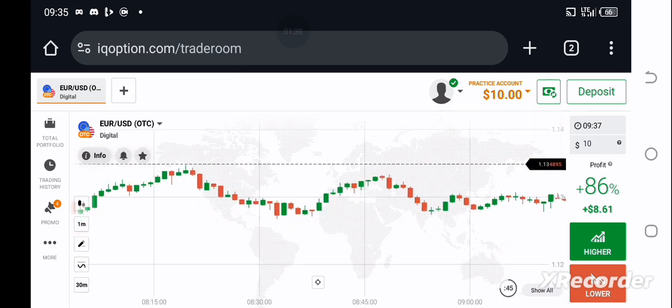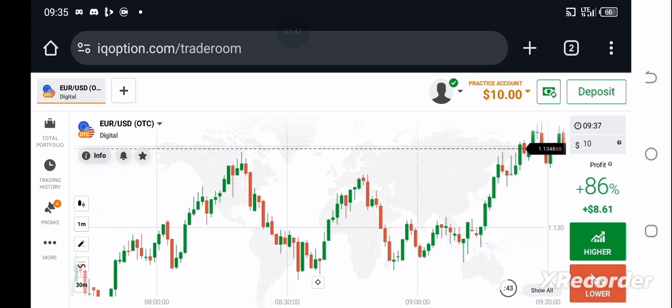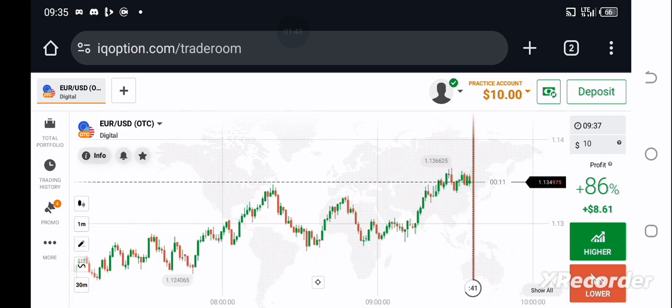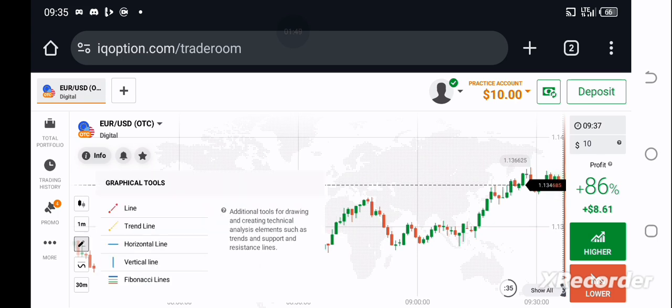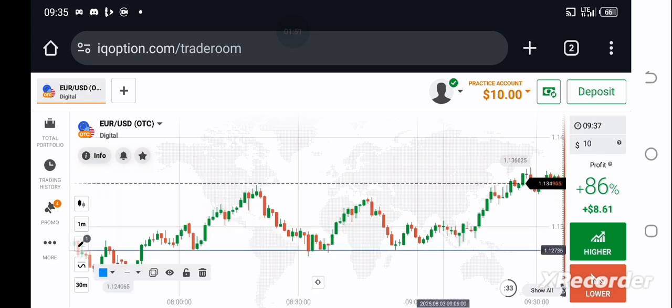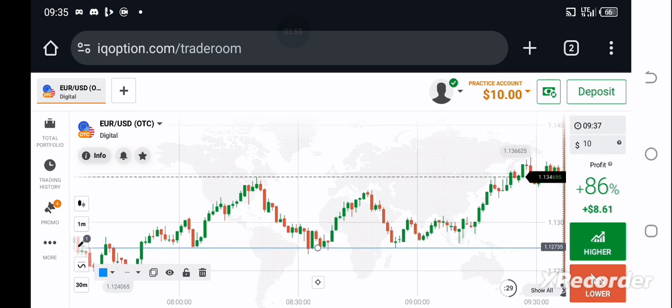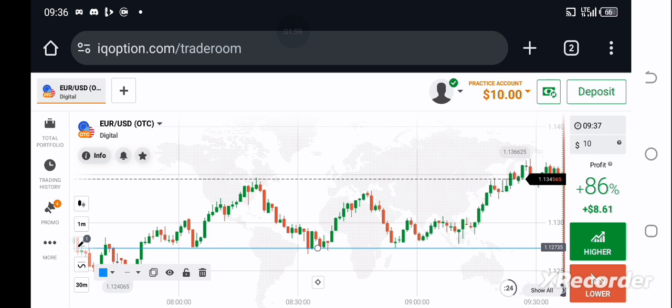You already know that the market is going up. At any point in time, the market can retrace. It can get support from any of the previous levels and continue to push higher. As you can see in this situation, the market got support from this level.